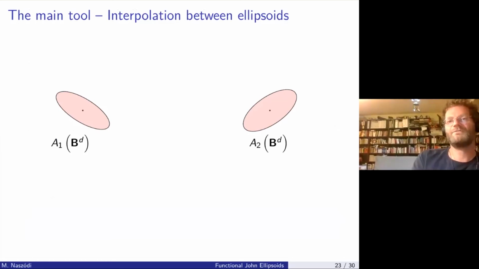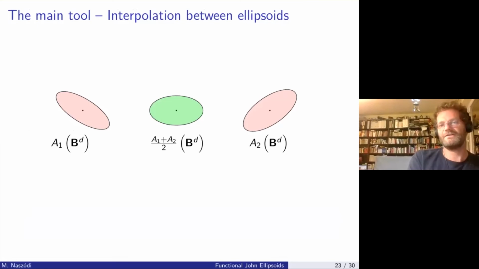So we have 2 ellipsoids, and we can talk about interpolation between ellipsoids. In convex geometry, when you deal with convex sets, let's say this ellipsoid was A1b, you can have a translation vector, that doesn't matter.